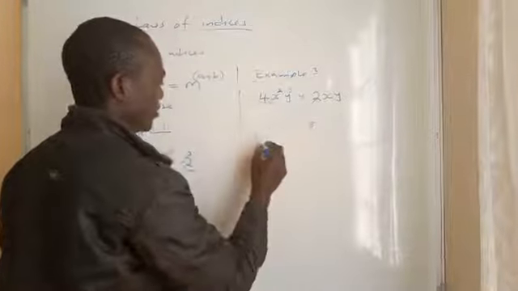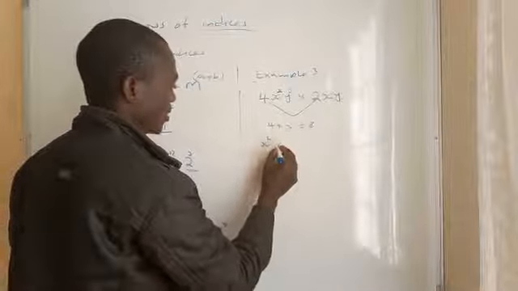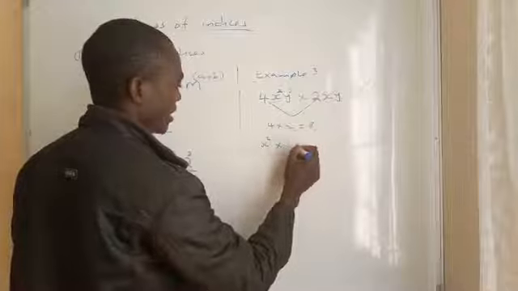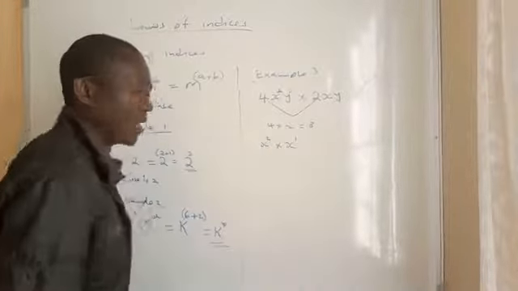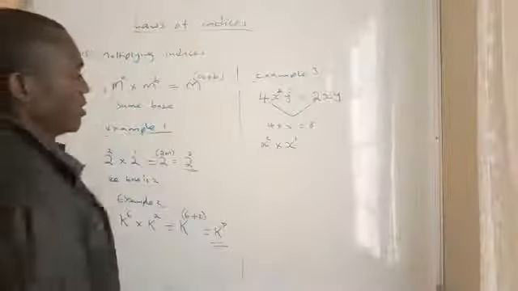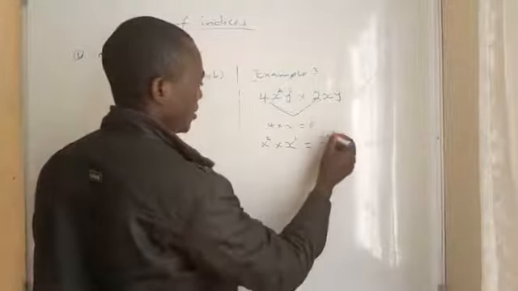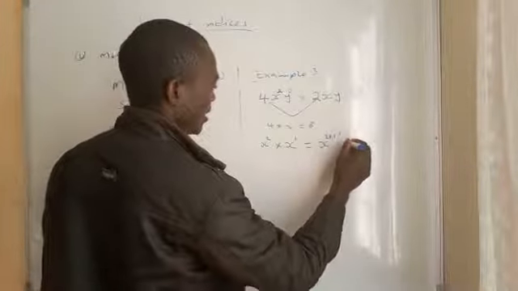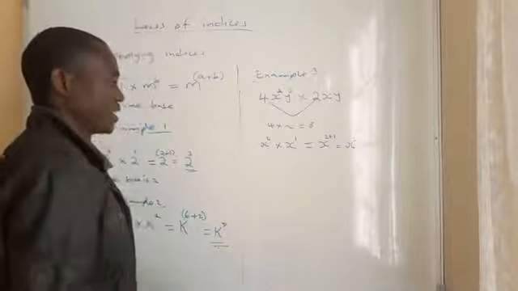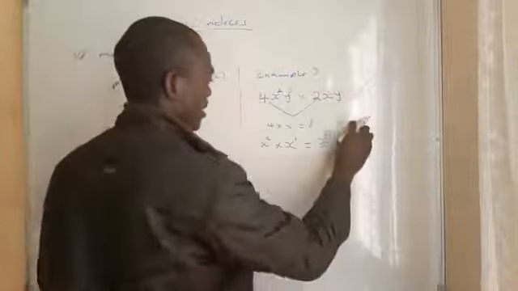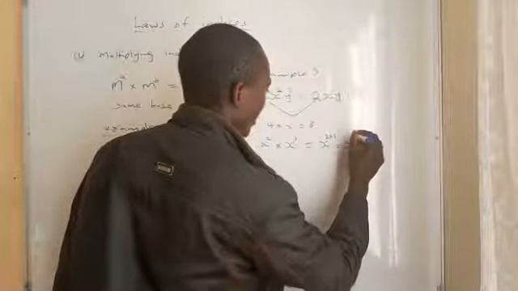Then we come to x power 2. What is the sign? Multiplication sign, times x. Kindly remember, x is x power 1. Is the base same? Yes, so that is x. 2 plus 1, the answer is x power 3.